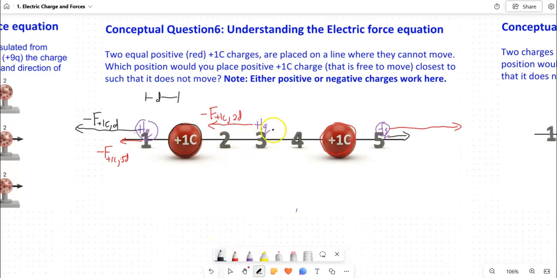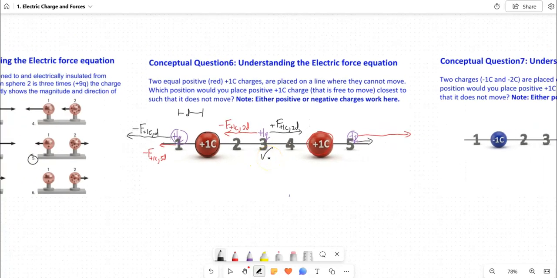And the black charge is going to push it to the right, the same amount, because it's the same distance and the same magnitude charge. And there you go. So you'll want to put it right here at 3. So 3 is the correct answer for this concept question.